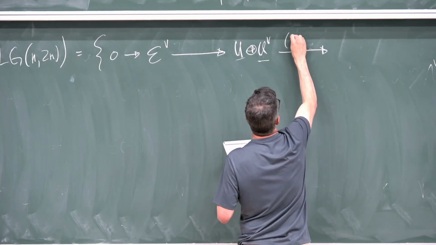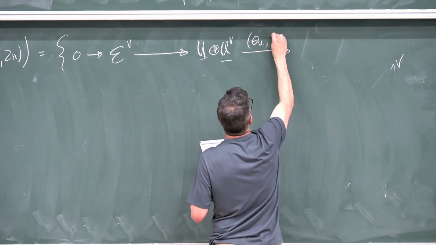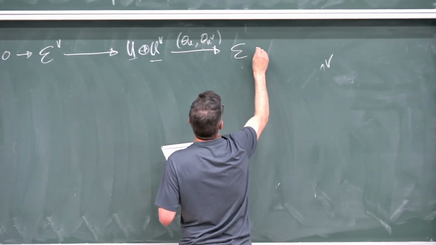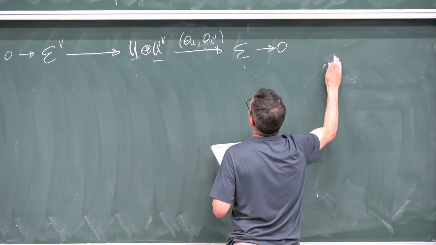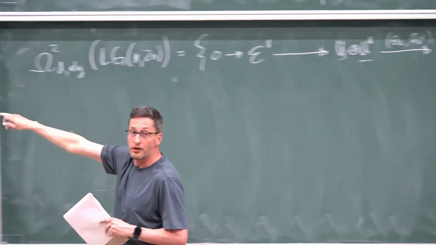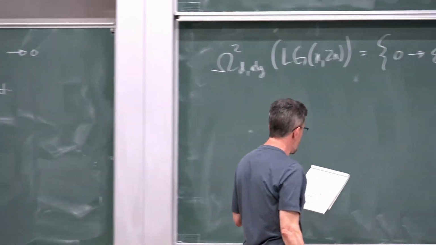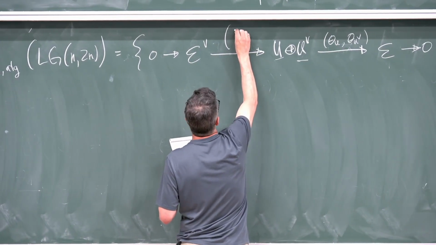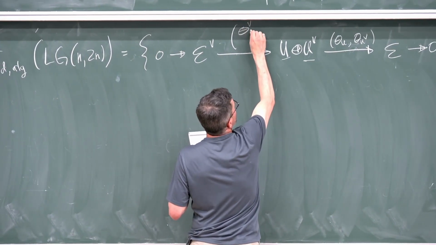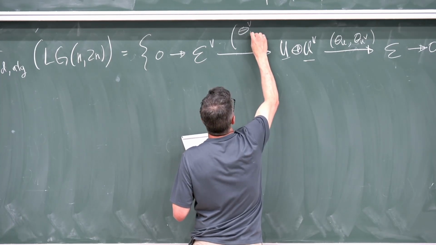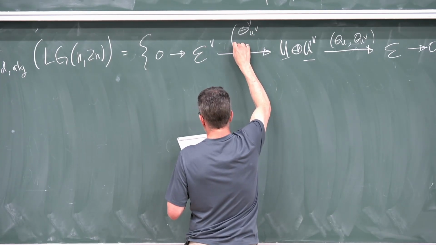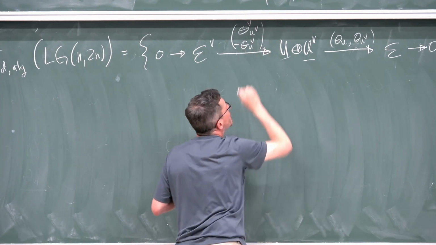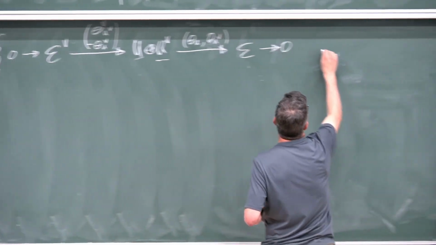If I call this guy E, using my same notation, then this little lemma says that this map, minus U dual, should be exact.